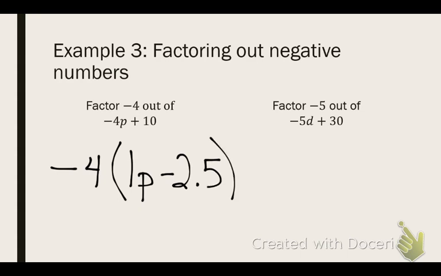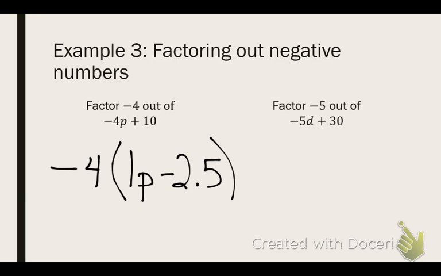All we're doing is dividing the original number in the expression by the factor number, 10 divided by -4. Signs are important, because if you just said 10 divided by 4, you'd think it's positive, but it's not, because you factored out -4.